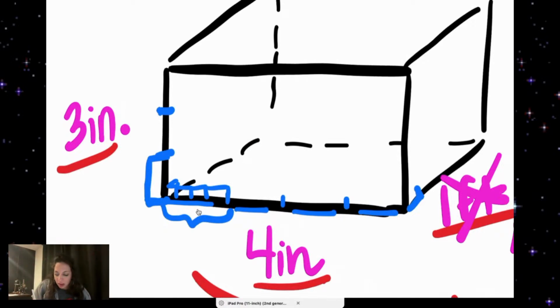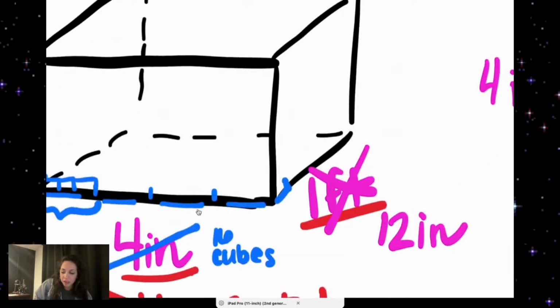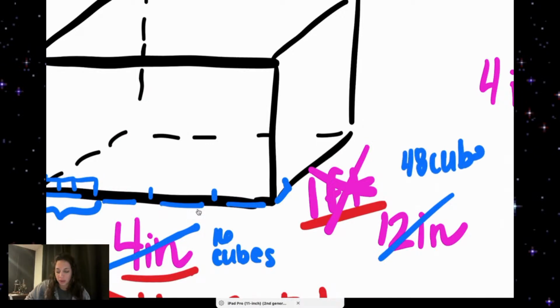So really, if I converted inches into cubes based on the cubes that I've been given, how many cubes would be down here? 4 times 4. So 16 cubes can fit on this end. How many cubes can fit here? 3 times 4. So 12 cubes. And how many cubes can fit over here? 12 times 4, which is 48 cubes. Are you following me?